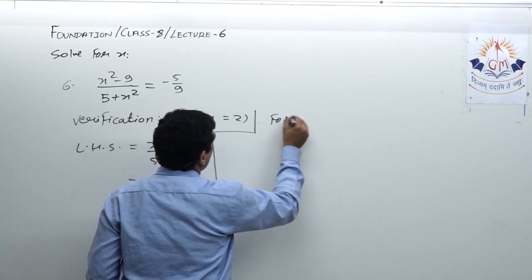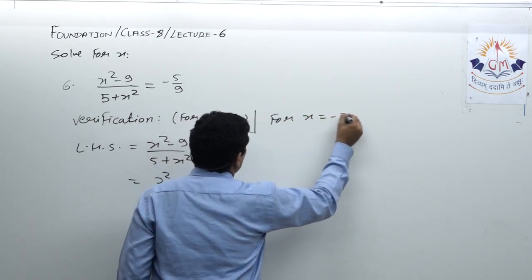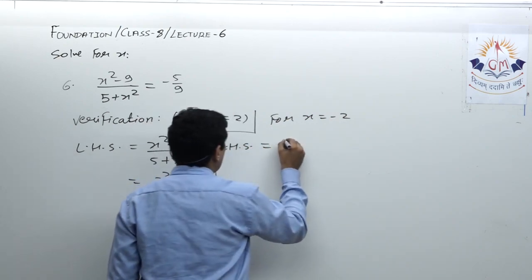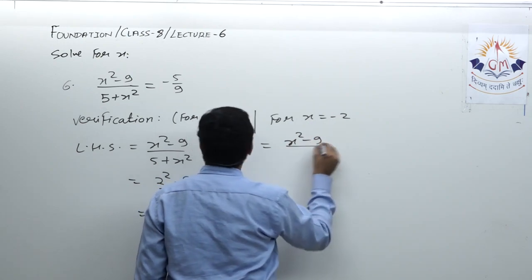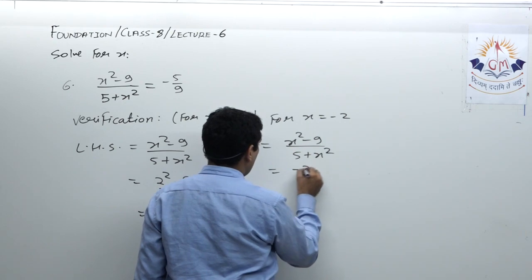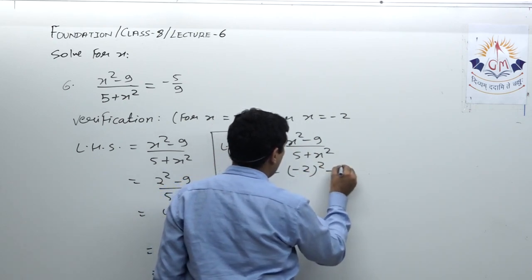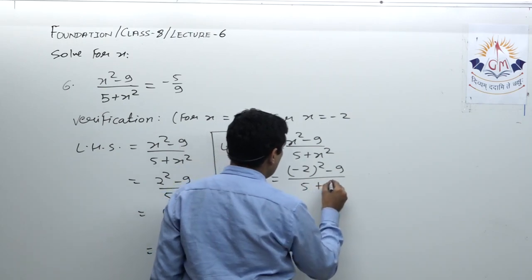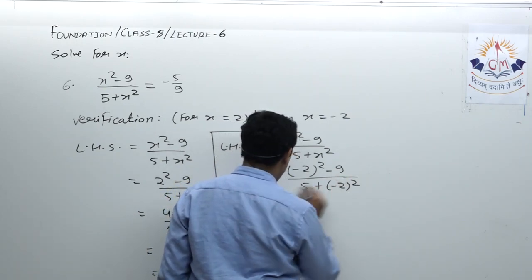Now for x equal to minus 2, the left hand side is (x square minus 9) upon (5 plus x square). So (minus 2) square minus 9 upon 5 plus (minus 2) square.